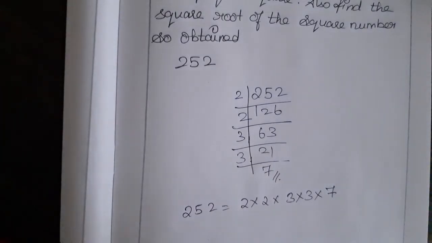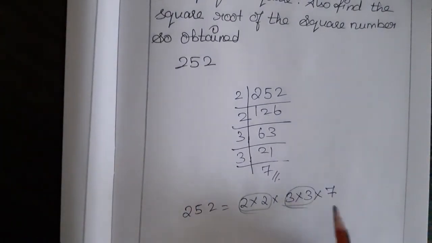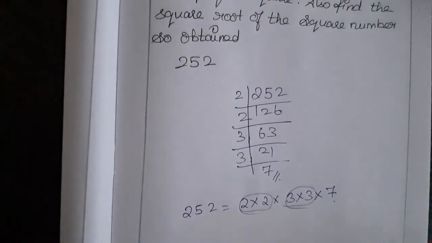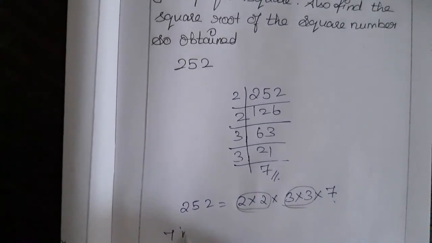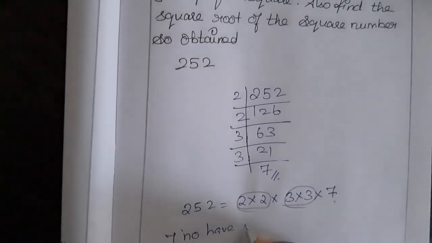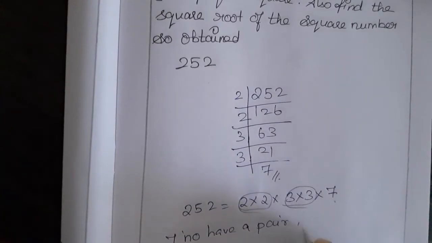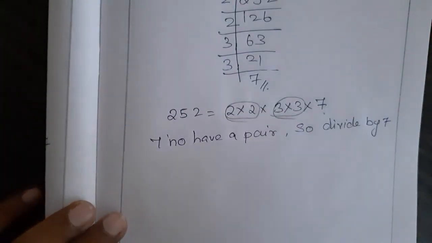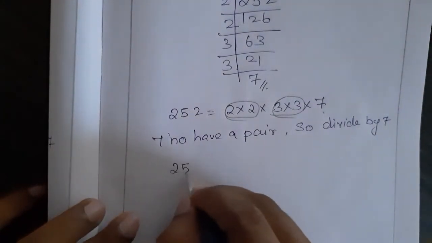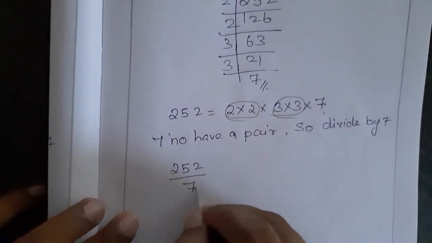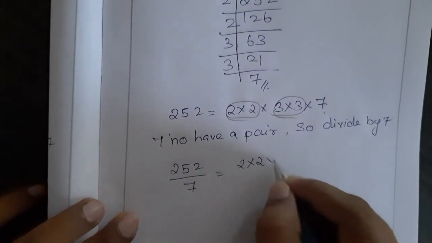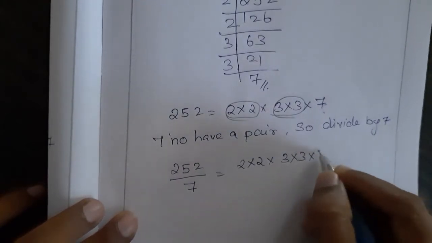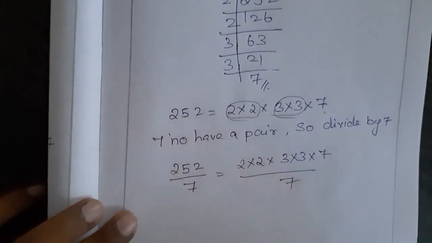So by pairing, you can see 2 and 2 have a pair, 3 and 3 have a pair, but 7 doesn't have a pair. So 7 does not have a pair, so divide by 7, right? Now divide by 7 on both sides, and we will obtain the number. 252 divided by 7 is equal to 2 into 2 into 3 into 3 into 7 divided by 7.